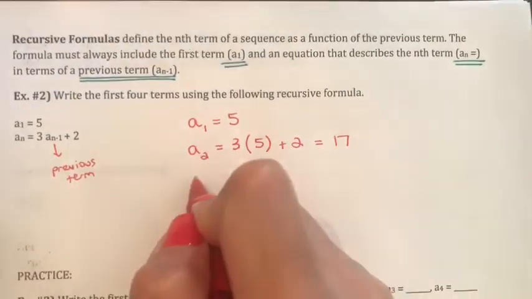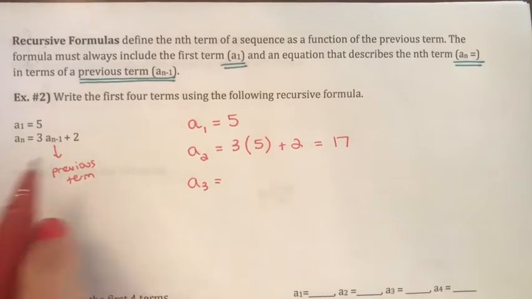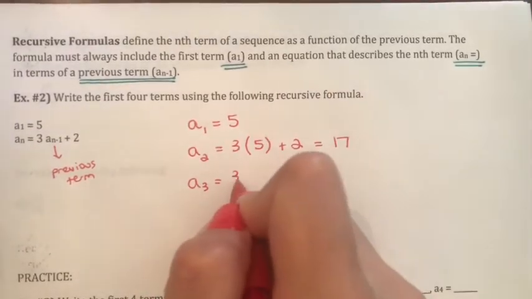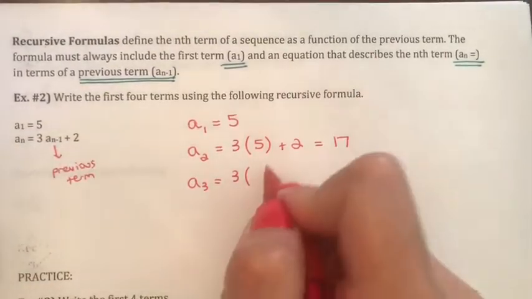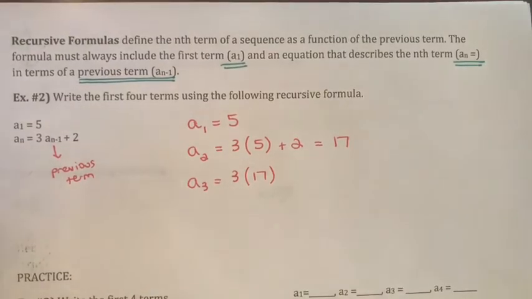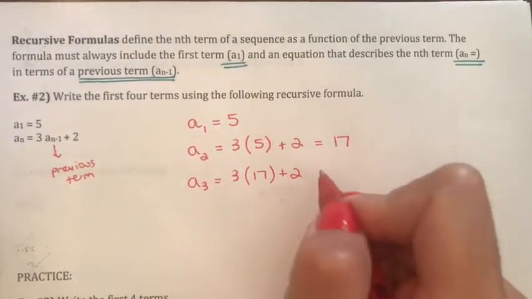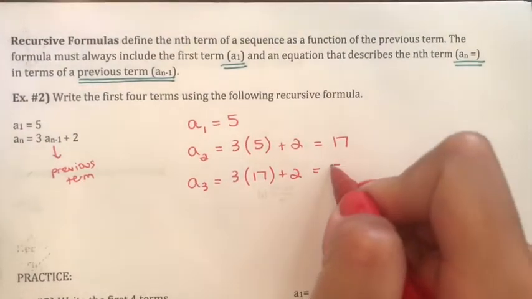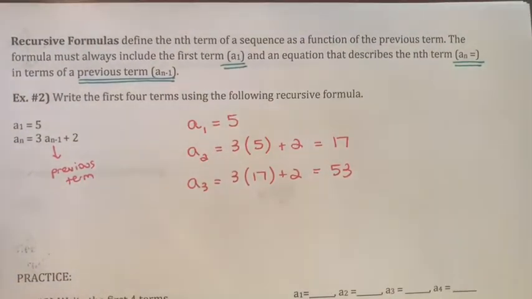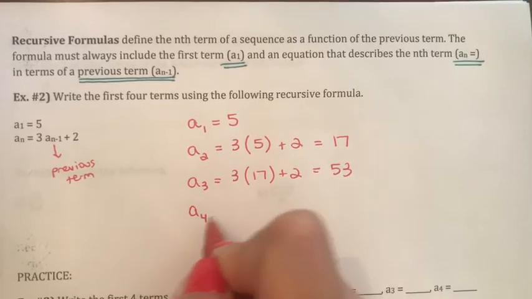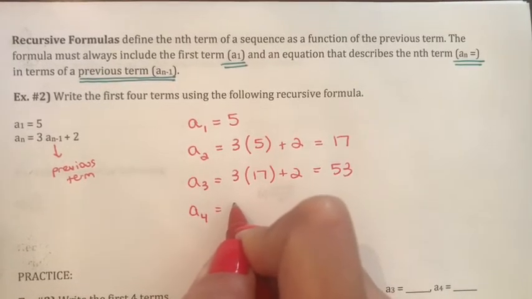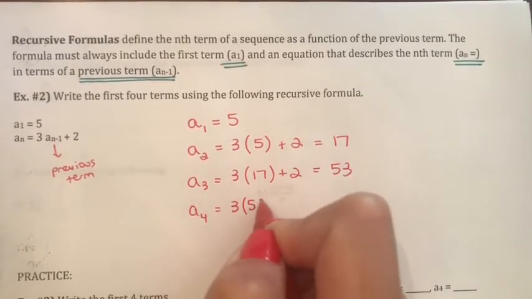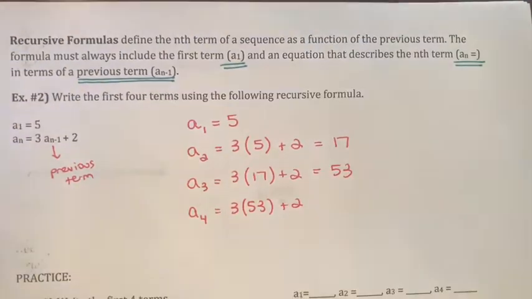Now for the next term, my formula says you do 3 times the previous term and then add 2. So 3 times 17 is 51, then we've got 53. Okay, and then we keep going. Plugging these into my calculator.